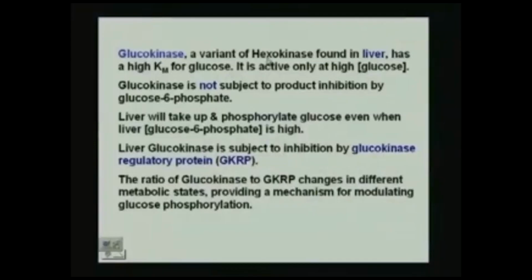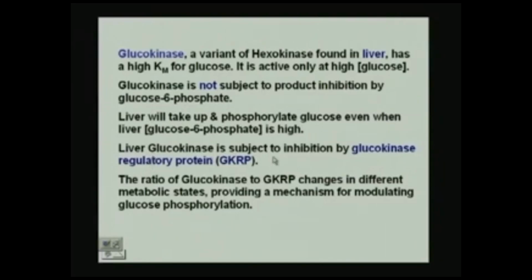For example, in the hexokinase step, breaking down all the glucose present would be extremely unnatural, and you obviously wouldn't want that to happen because you want some stored glucose. So the product inhibition in the case of hexokinase is an extremely clever way of preventing the glucose from being broken down. But in the liver, the glucokinase is present, not hexokinase. It's a variant of hexokinase, but it acts only when the glucose level is very high.